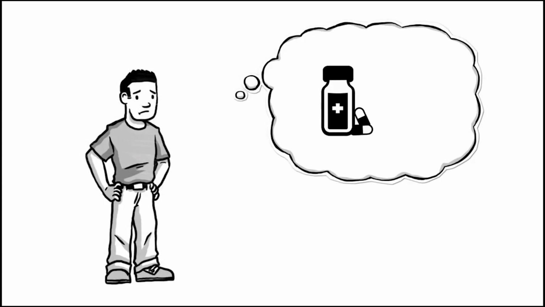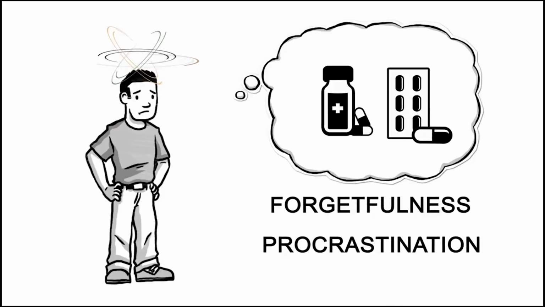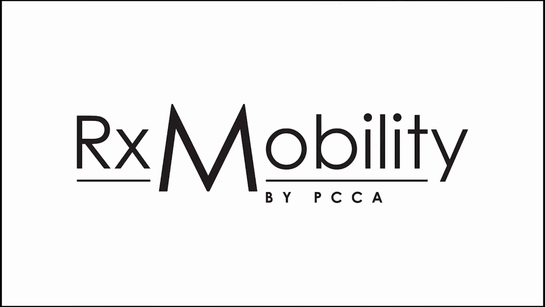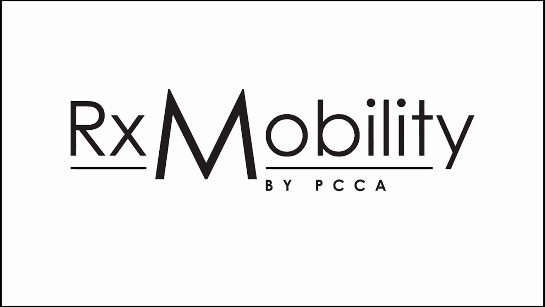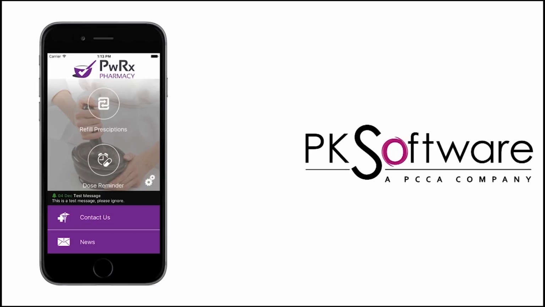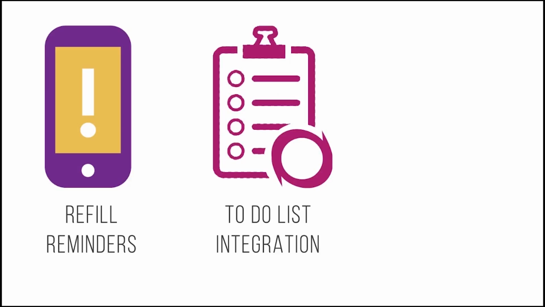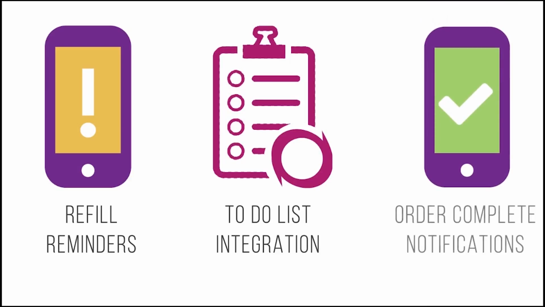Many patients do not adhere to their medication because of simple behavioral issues such as forgetfulness or procrastination. RX Mobility can help. RX Mobility is the only mobile app to integrate directly with PK Compounder, allowing you to automatically remind patients about their repeat fills, receive repeat fills directly to your to-do list, and notify patients when a script has been dispensed.